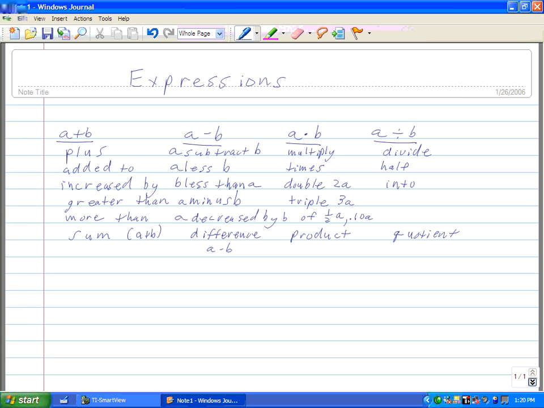With division, when you say divide, you would say A divide, and we often say divide by B. But with the phrase into, we're going to say something to the effect, how many times does B go into A? Again, getting things in a different order. With sum, difference, product, quotient, though, you put the numbers into the problem in the exact order you see them written.